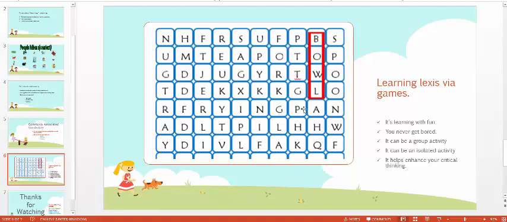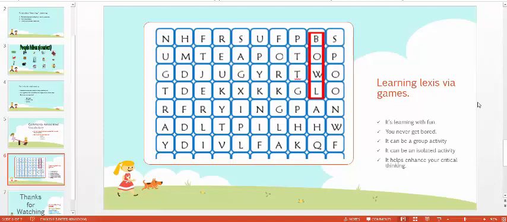What is the benefit of learning vocabulary through games? It is learning with fun, and you never get bored. And it can be a group activity. You can do it with a group of friends, siblings, or classfellows. And it can be an isolated activity as well. If you are sitting at home alone and you do not have anything to do, then you can do this activity, and you can find it easily in the newspapers and online on the internet.